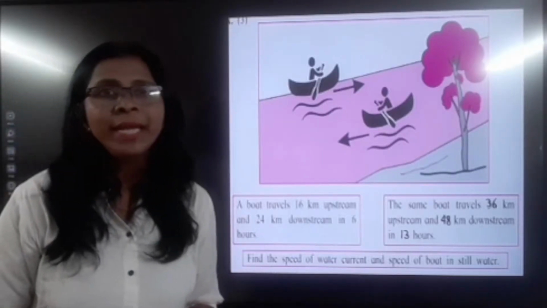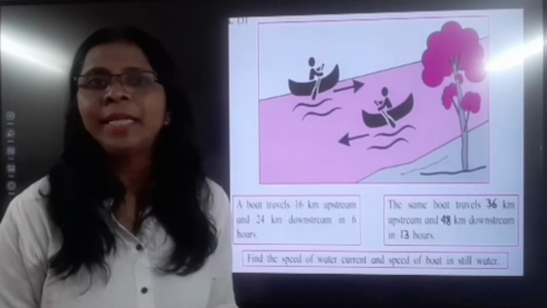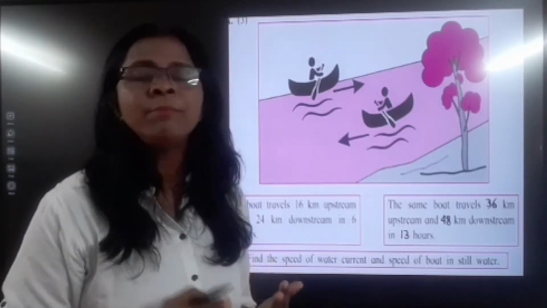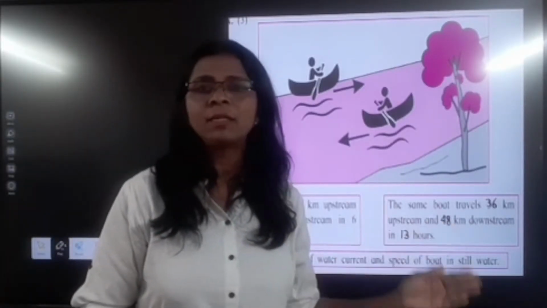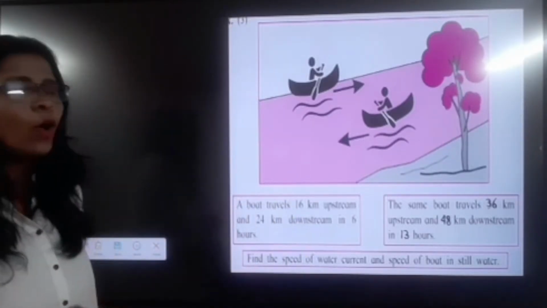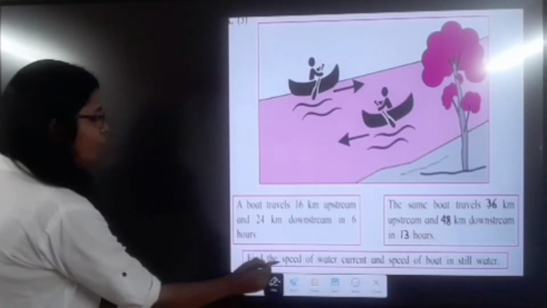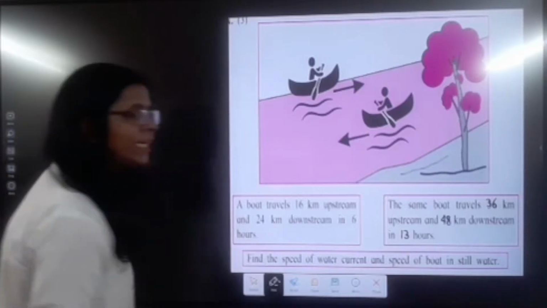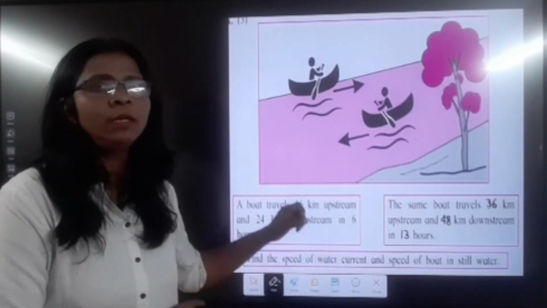So we have to know about the formula, and that is related with time, speed and distance here, students. So first I write down that here we have to find out speed of water current and speed of boat in still water. So that's why I consider those unknown values.